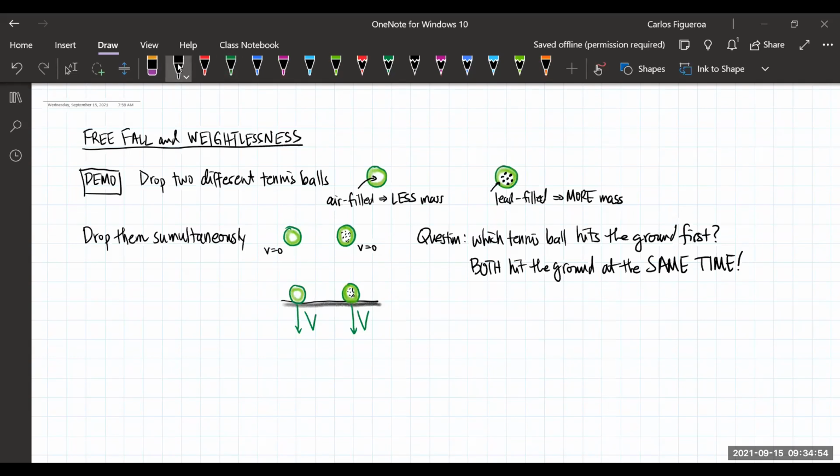The big question, though, is why? Why do they both hit the ground at the same time?